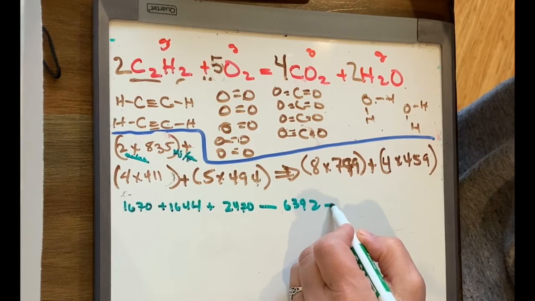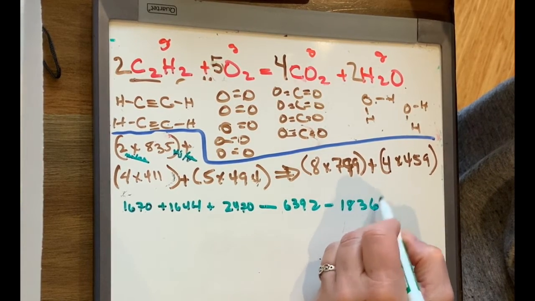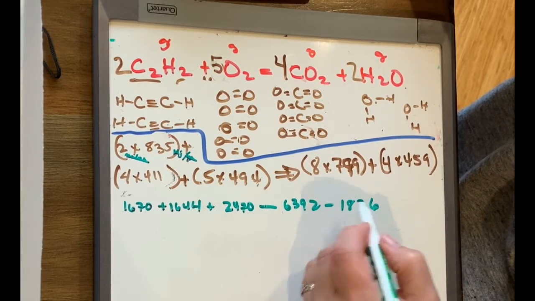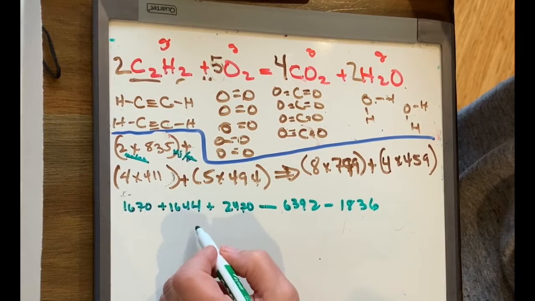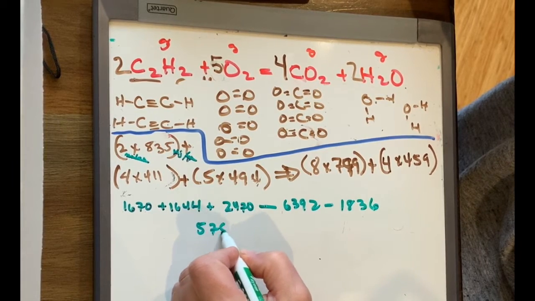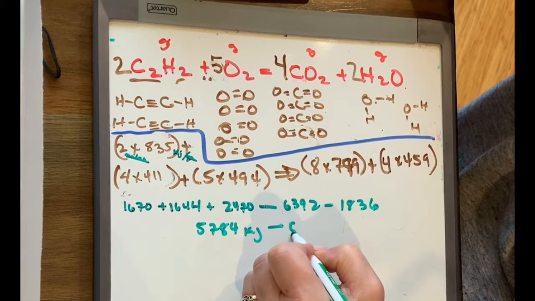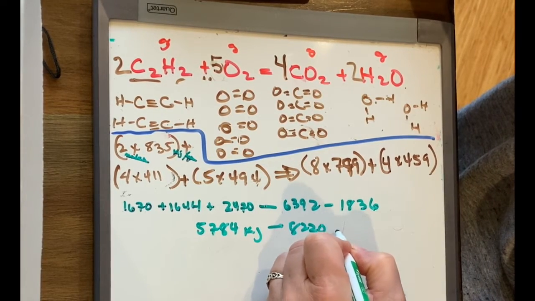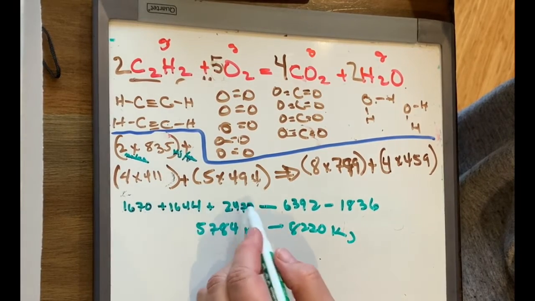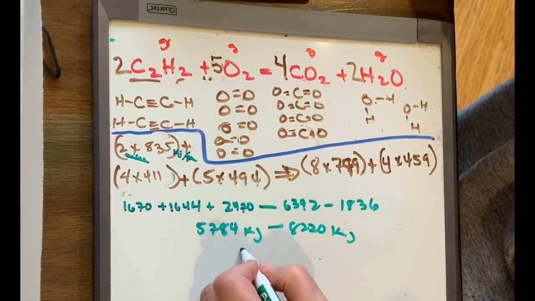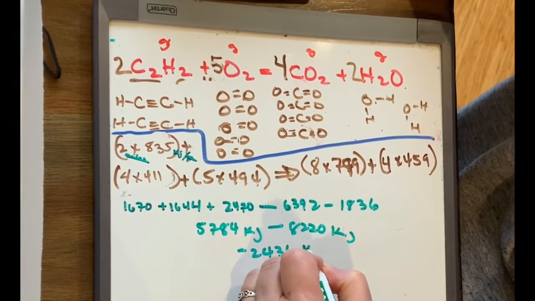And we're subtracting also 1836, so that's from this guy, right? And when we're done with that, we get 5784 kilojoules minus 8220 kilojoules. Now, if you're doing this off of your calculator, you would just go plus this plus this plus this minus this minus this, and you'd get one total, which is minus 2436 kilojoules.